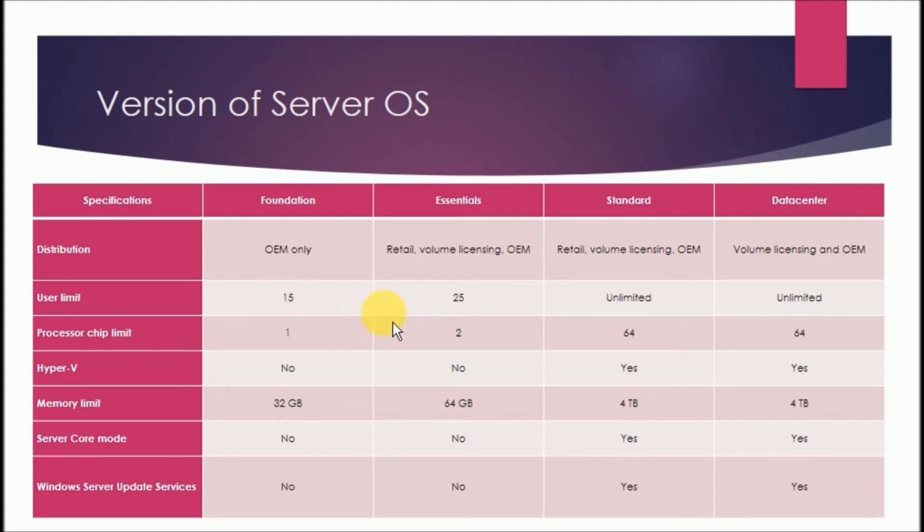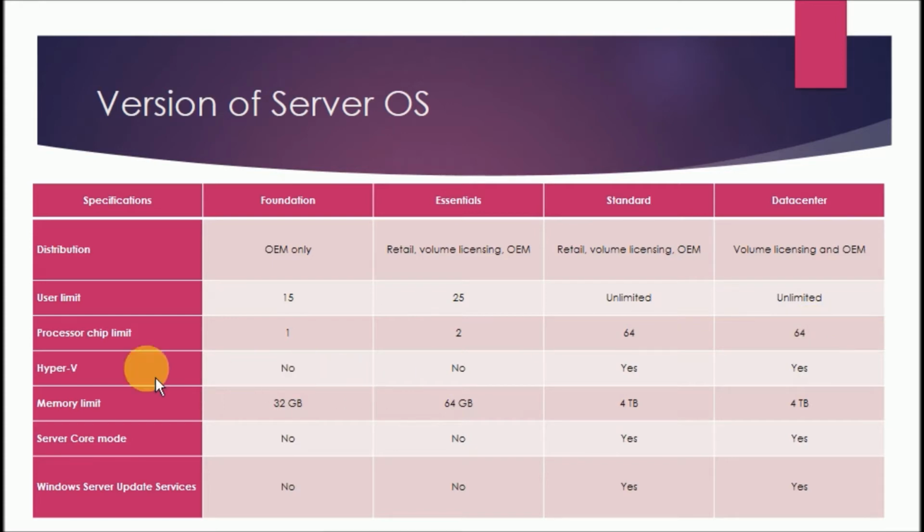These two versions are limited to 15 and 25 users, whereas the Standard and Datacenter versions are unlimited. In terms of the processor chip limit, Foundation is limited to 1 chip, Essentials to 2 chips, and Standard and Datacenter to 64 chips.